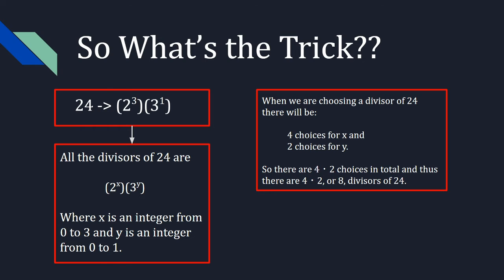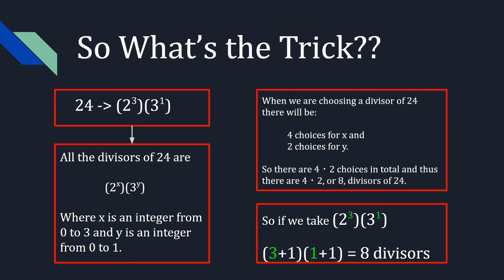Okay, that's interesting. If I wanted to sum this up in a quick little trick: take the exponents of the number, in this case 24, add 1 to each of those exponents, and multiply it all together. That's the number of divisors. It's 8.